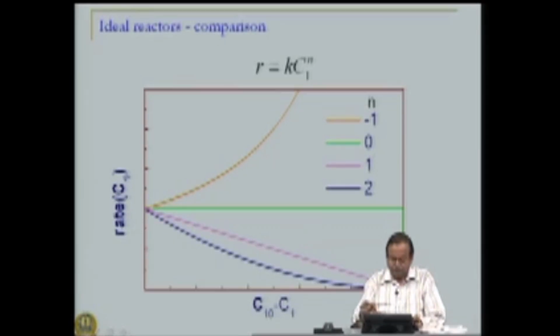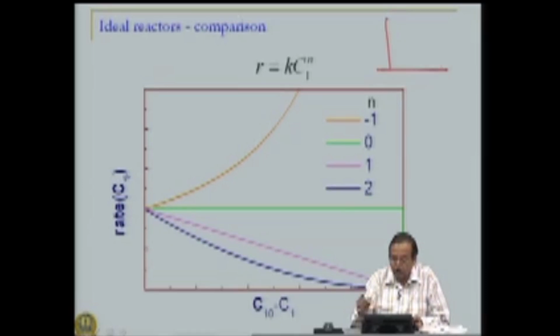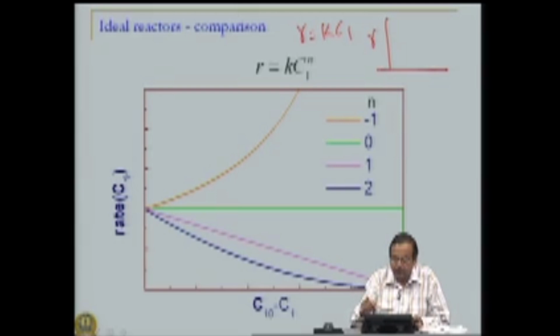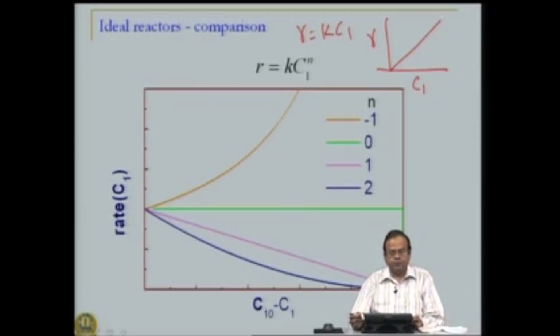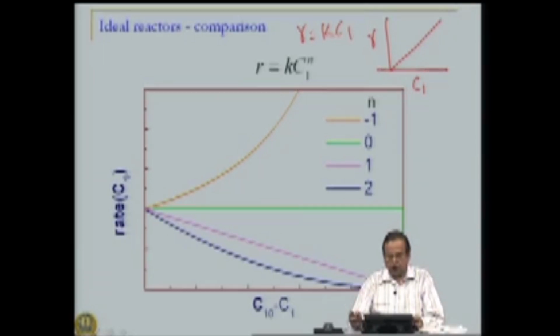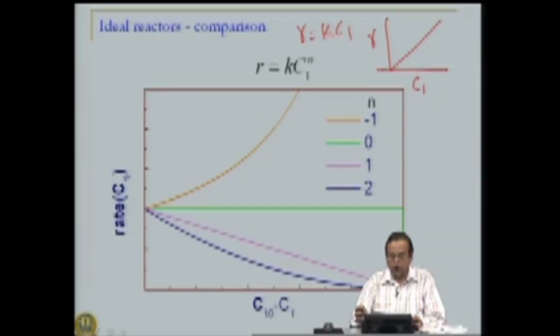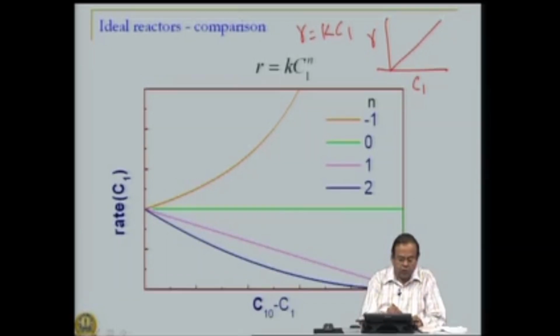Now, let us start with the simplest case that we know, that is n equal to 1. Now, we know for r equal to Kc1, rate versus C1 is a simple straight line, that is a linear law. Now, how does this get converted into this violet line when we plot C10 minus C1? What is this particular point?